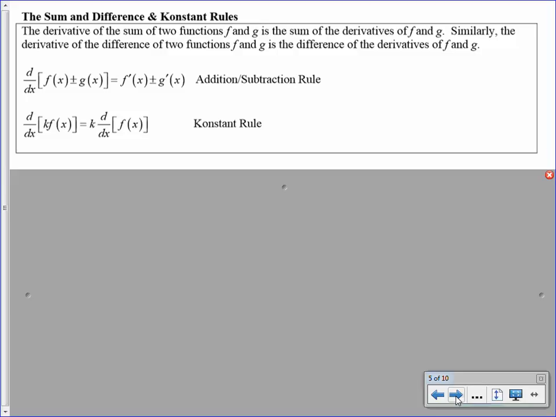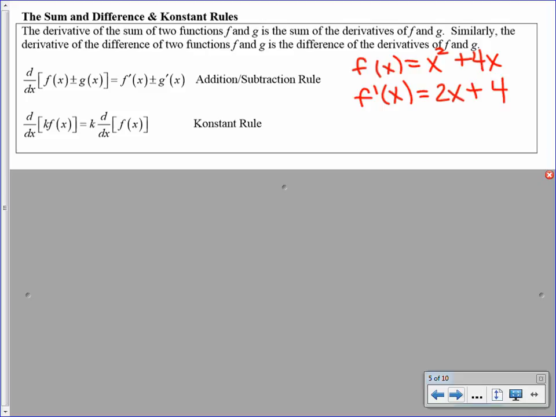All right, if we have multiple functions added or subtracted together, we can apply the derivatives individually. So when we look at Pod 4's example, it was x squared plus 4x. When we take the derivative, we can apply the power rule to x squared, and then we can apply the power rule to 4x.